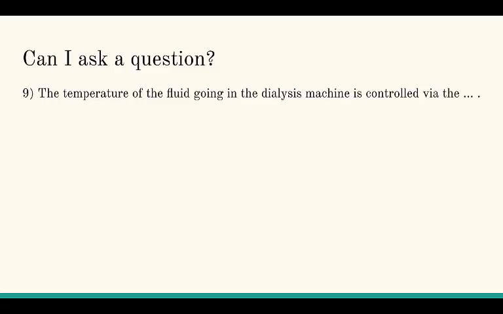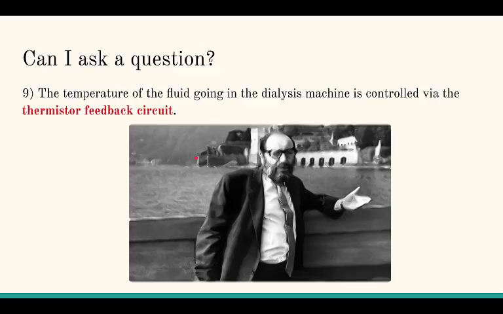We mentioned this in the second or third component of the hemodialysis components. It is the thermistor feedback circuit. A thermistor is a circuit component that is widely used for controlling temperature and keeping it in check. So the thermistor feedback circuit is also used in dialysis.